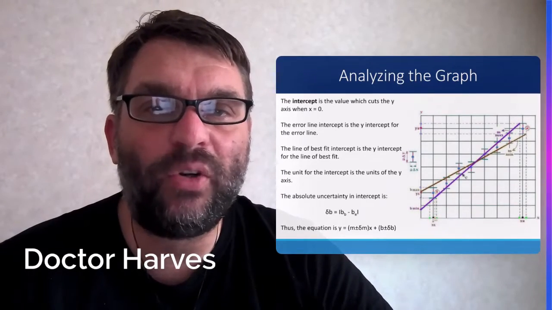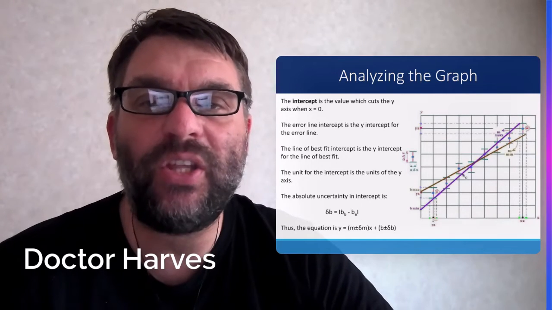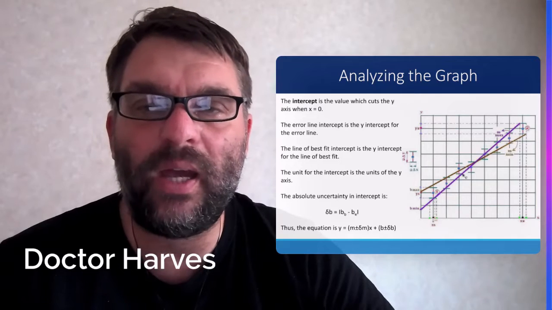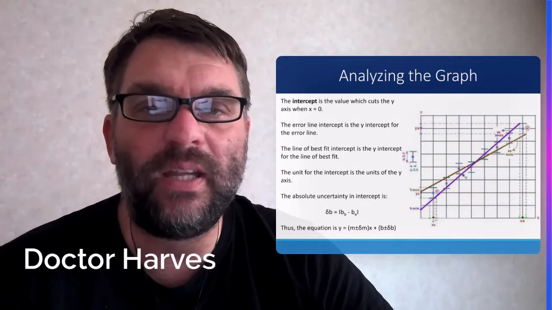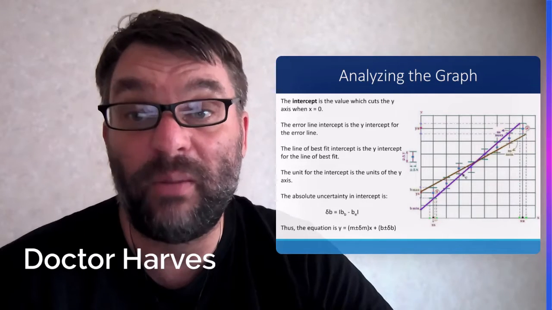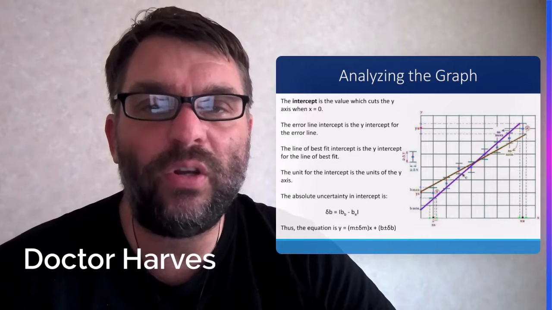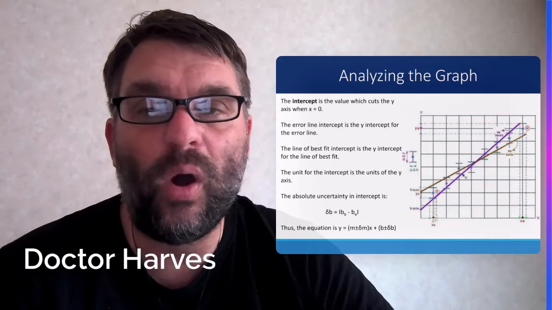In terms of analysing the graph too, you also got to determine the error in the intercept value. So the intercept is essentially the y-intercept when x equals 0, and the line of best fit intercept is the y-intercept of the line of best fit, makes sense. And the unit of the intercept will be that of the unit of the y-axis, the y variable.